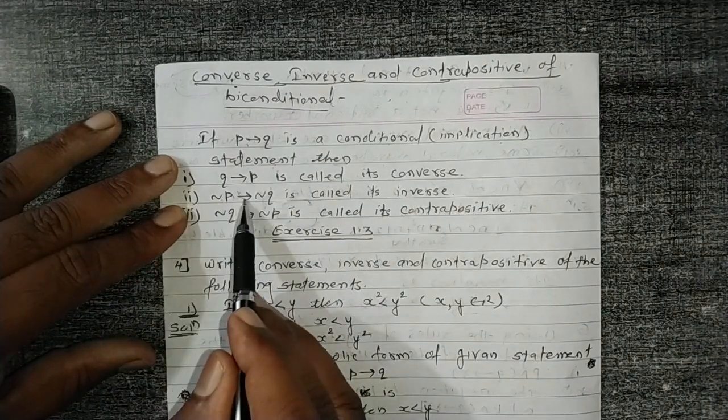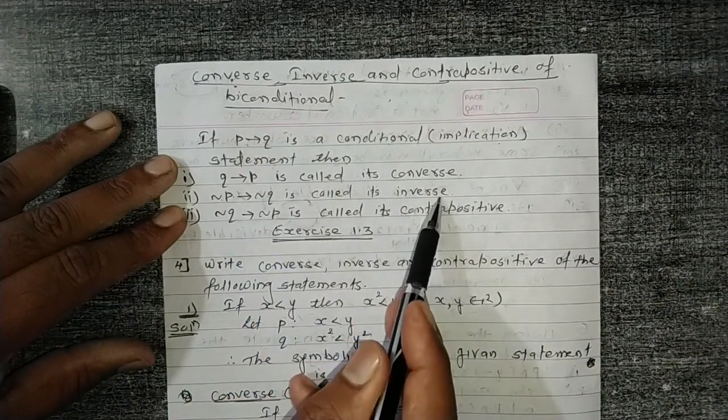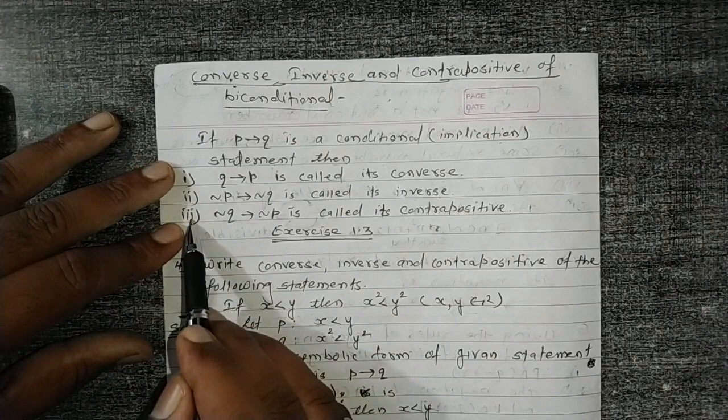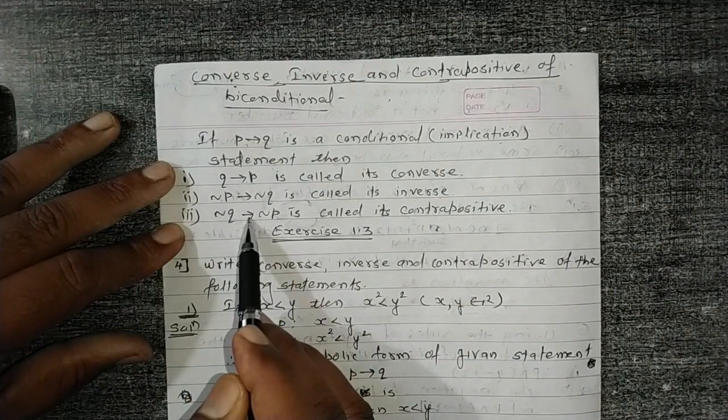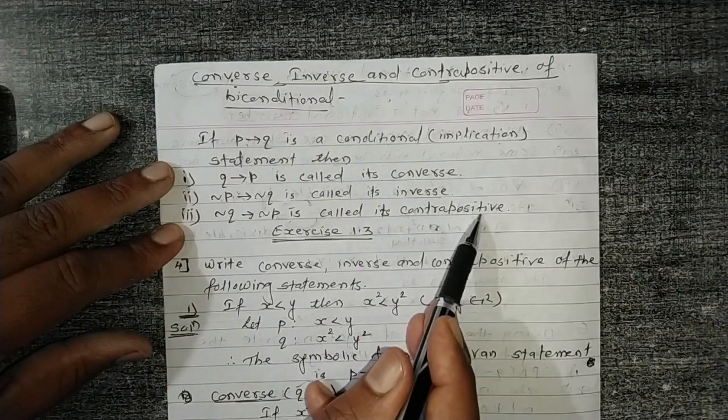Second, negation P implication negation Q is called its inverse. Third, negation Q implication negation P is called its contrapositive.